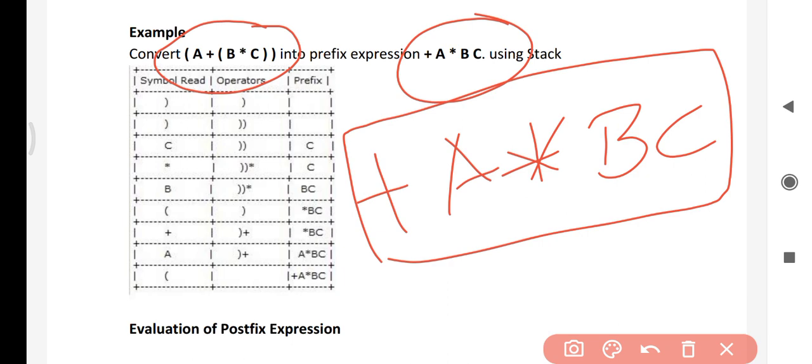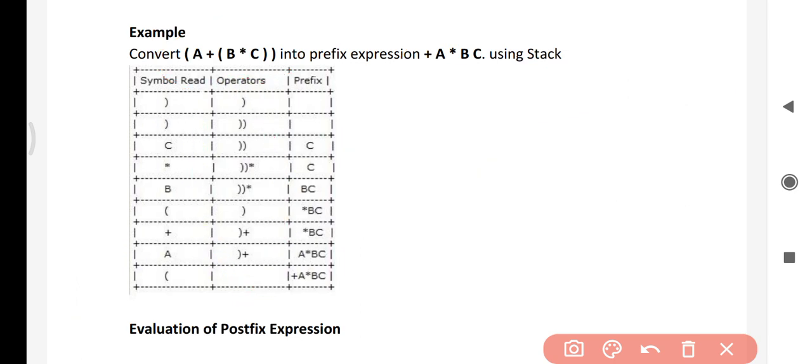So this expression you should get from the steps followed like this. How to follow the steps, because there will be marks for steps in your exam? First you make this column. In this column we read the expression from right to left.